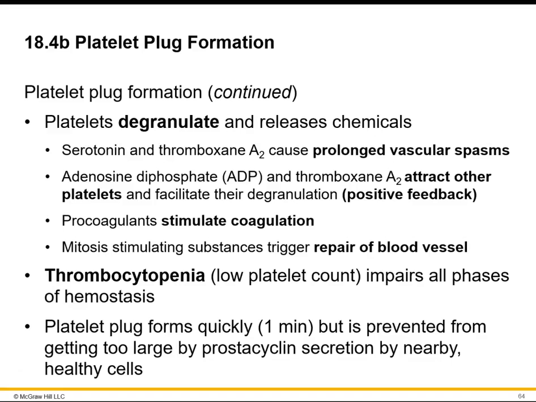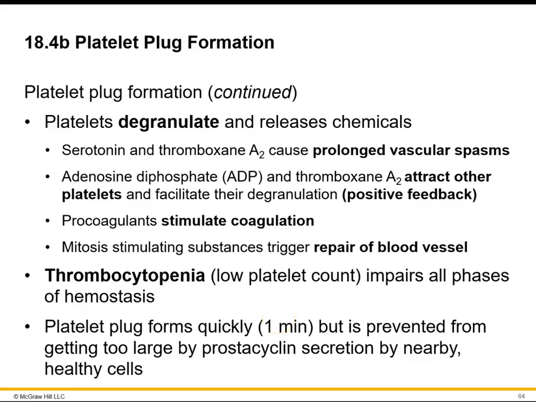So you'll notice that's a positive feedback mechanism. And then they've got procoagulants that help stimulate coagulation, the final phase of hemostasis, as well as mitosis stimulating substances, and that's going to help trigger repair of the blood vessel.